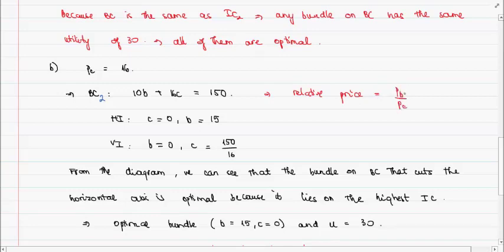Remember, like I said before, whatever you put on the horizontal has to go first. So the relative price in this case is, sorry, 10 on 16.